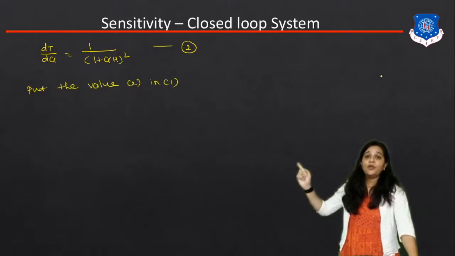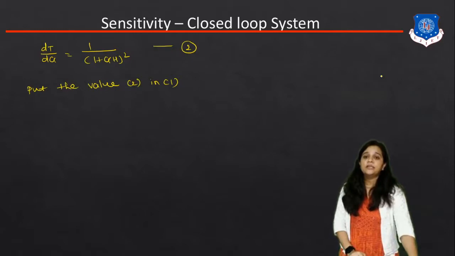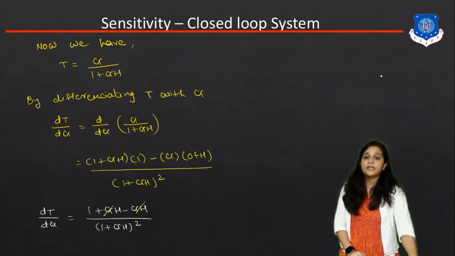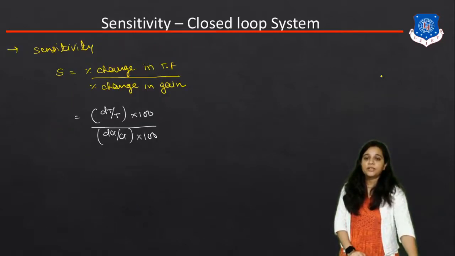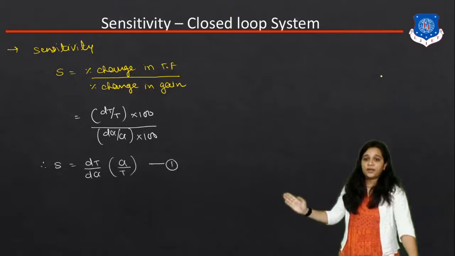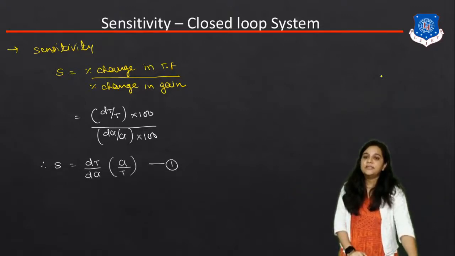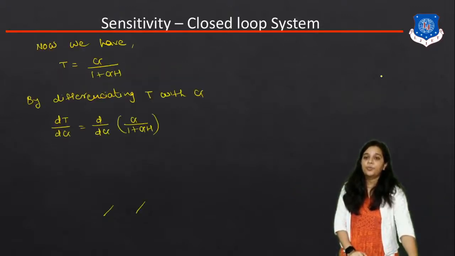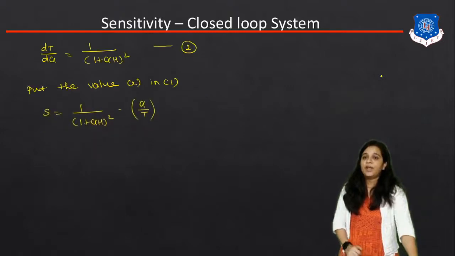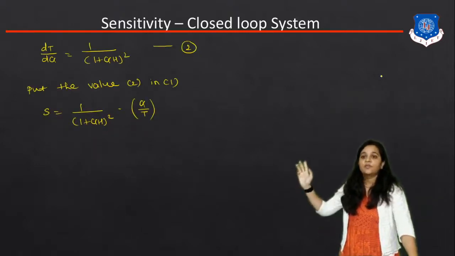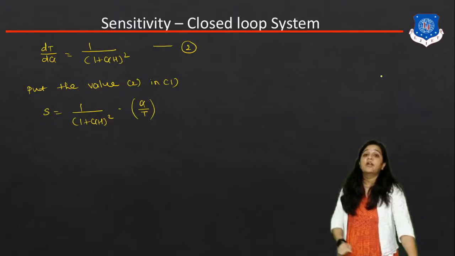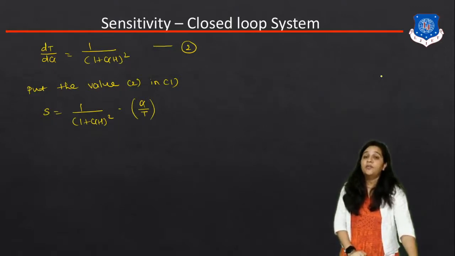Now put the value of equation number 2 in equation number 1. What is equation number 1? S = dT/dG × G/T. So put the value of dT/dG in this equation, we get S = 1/(1 + GH)² × G/T.